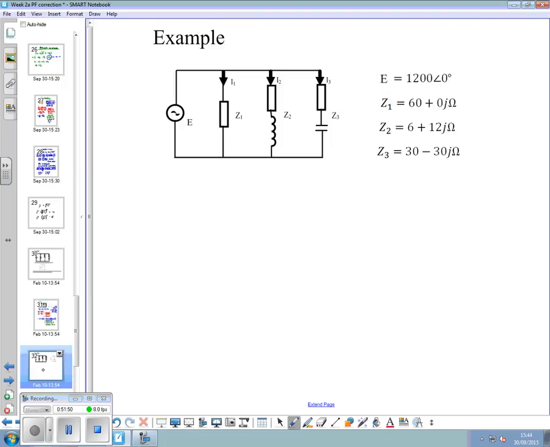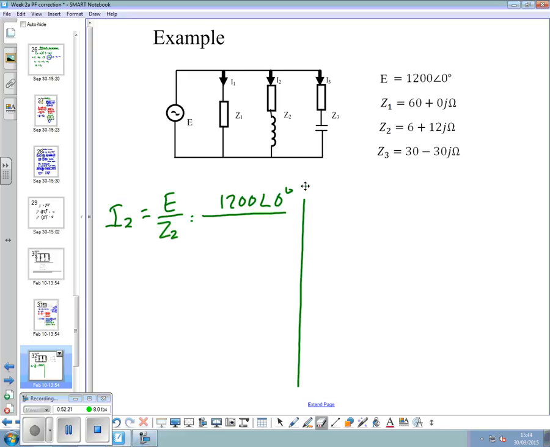On my next page, I'm going to do I2, which must be equal to E over Z2. That is 1200 angle 0 over 6 plus 12J.